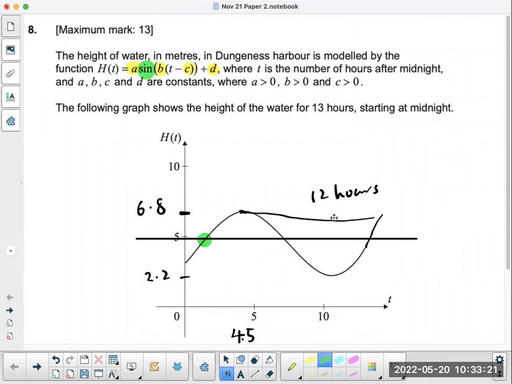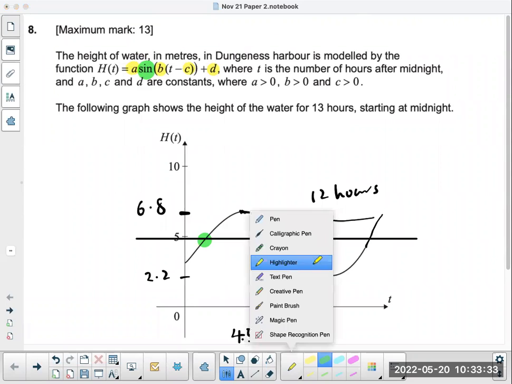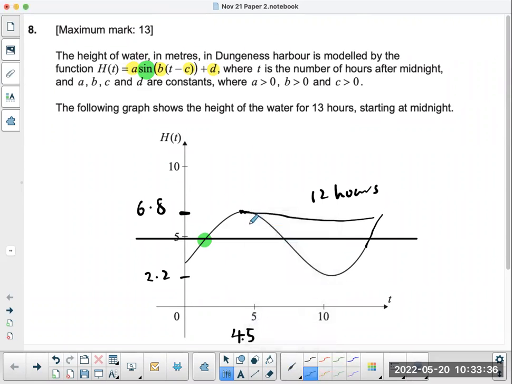Now we know one full cycle is 12 hours. So here, half a cycle would be 6 hours. A quarter of a cycle is going to be 3 hours. So you have a maximum at 4.5. 3 hours before that, this is going to be at 1.5.